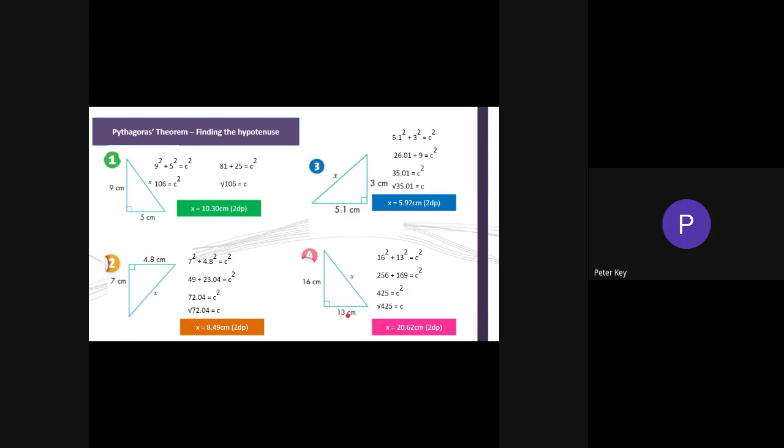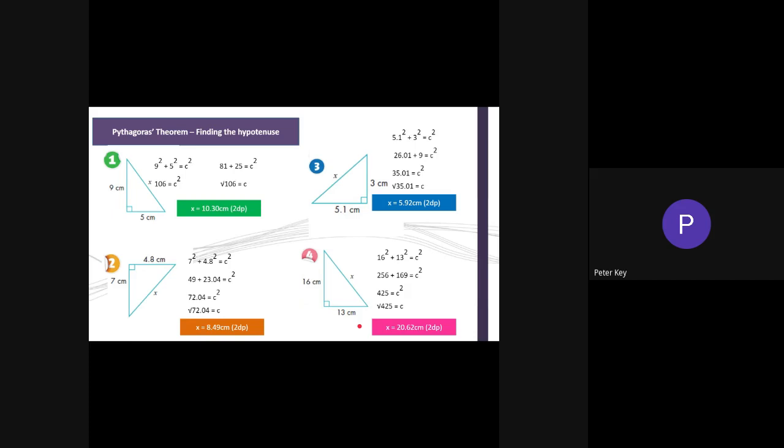And finally, number 4, we've got 16 squared plus 13 squared. 16 squared, 256, plus 13 times 13, 169, will give us 425. Remember, that's squared, so we need to square root it, just to turn it back into a length.